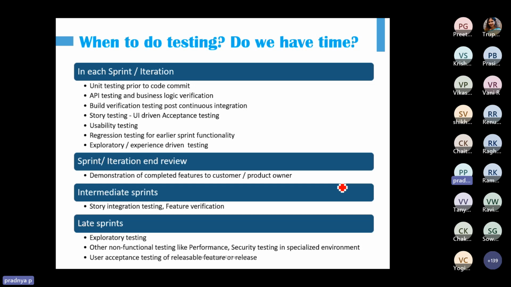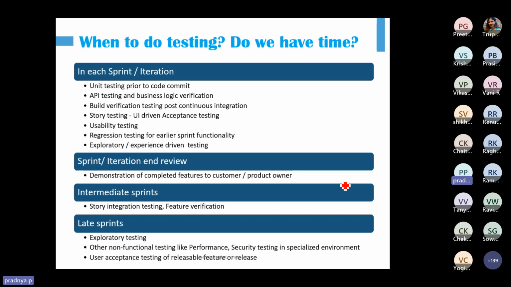So typically, if we think as a testing team, there will be iterations. In the early iterations, there will be the key important features that will get developed, which may not be deployed to the customer.